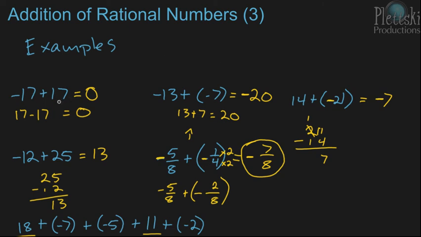When you have two rational numbers whose sum is 0, like these are, when you add them together and your answer is 0, that's called an additive inverse. So 17 and negative 17 are actually additive inverses of each other. So any two rational numbers whose sum is 0 are called additive inverses of each other.